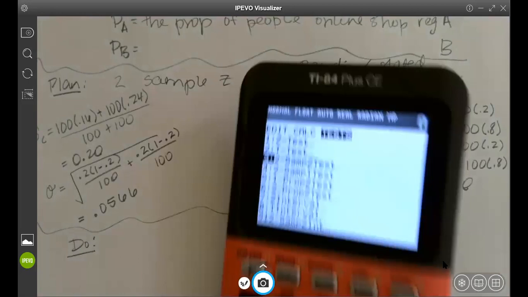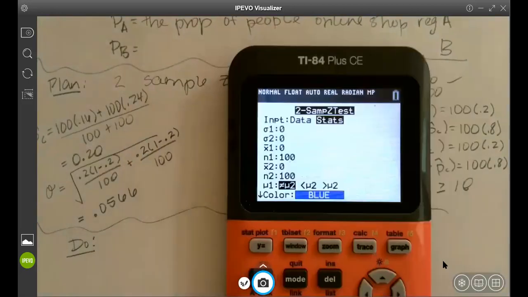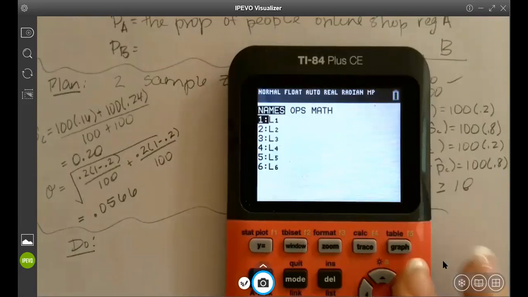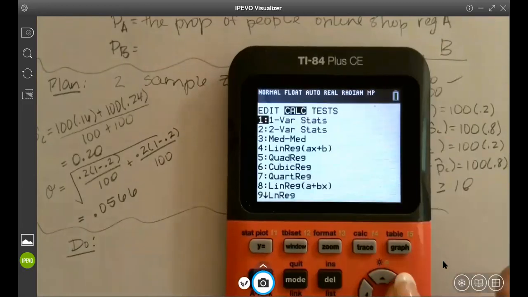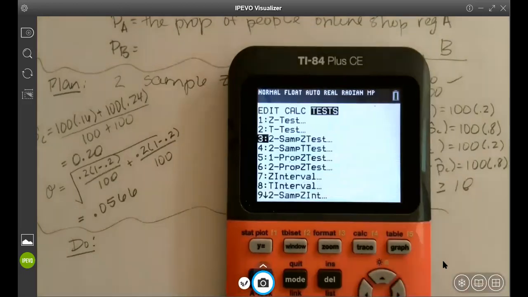If we look, you see our two sample. Yeah, you see our sample, it's got 2 standard deviations. How many standard deviations do we have? Just 1. So that automatically tells you we're not using that. So go through again, stat, test. Here's a 2 sample z-test. We said that one didn't work. Here's a 2 proportion z-test.